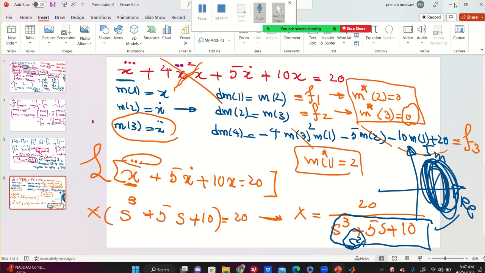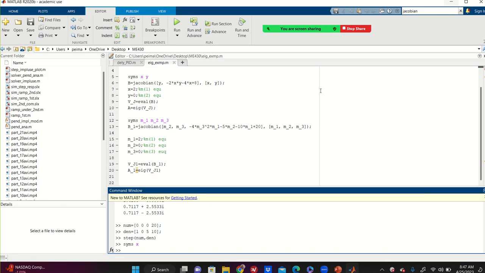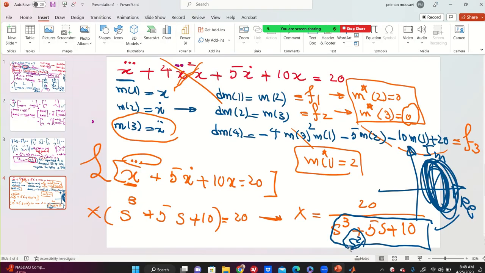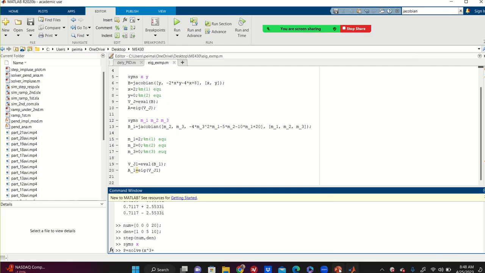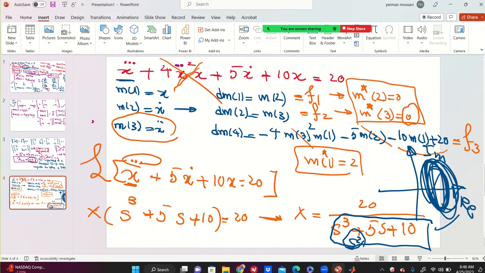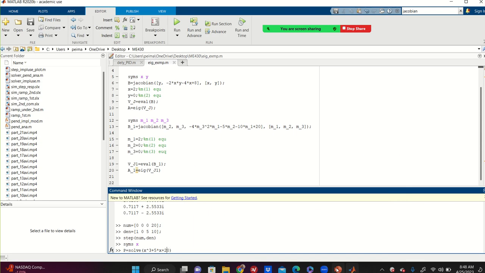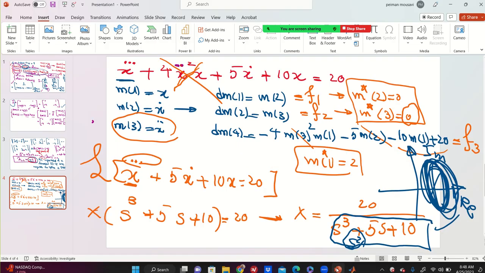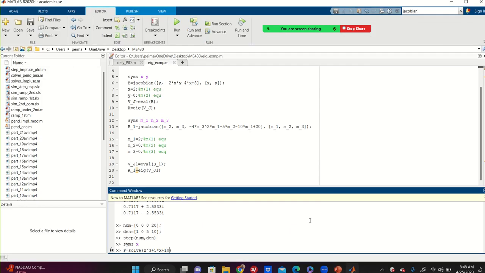Okay, so for the poles of this system, I'm going to solve s cubed plus 5s plus 10. Oh, plus 10, sorry guys. Plus 10.